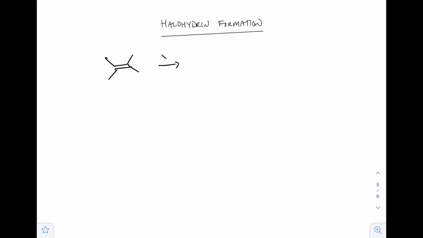All right, we've got an alkene. So what is this really going to look like? The product, we're going to add one component, which is the halogen, and the other component, which is the water. And we're going to add it in a similar fashion to other reactions, in that anti-addition, but we're only adding one X and one OH.